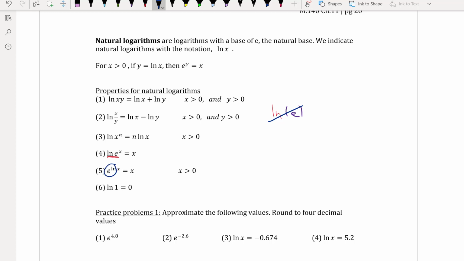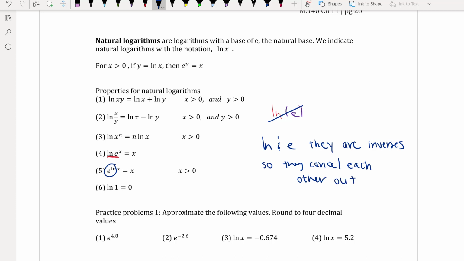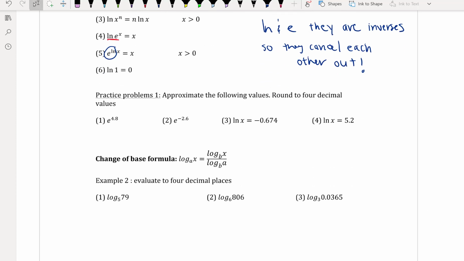Since they're inverses of each other, they cancel each other out. That's going to come in handy when we have to figure out how to solve these equations.